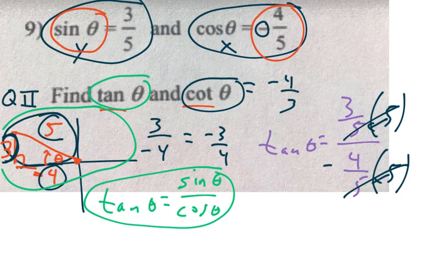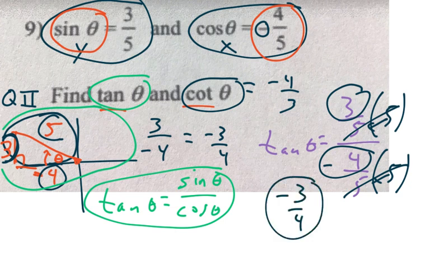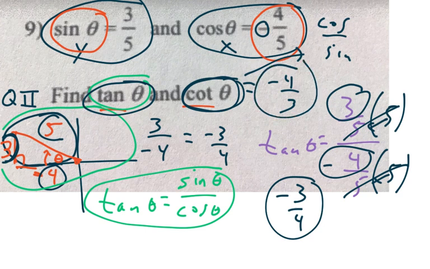Cosine was negative 4/5. There we go. Sorry about that. So notice what I get is 3 over negative 4, or negative 3/4. And then of course, cotangent, you could memorize it as cosine over sine, but what I would do is always just know that tangent is sine over cosine, and when I want a cotangent, I do its reciprocal. So the reciprocal, again, would be negative 4/3.